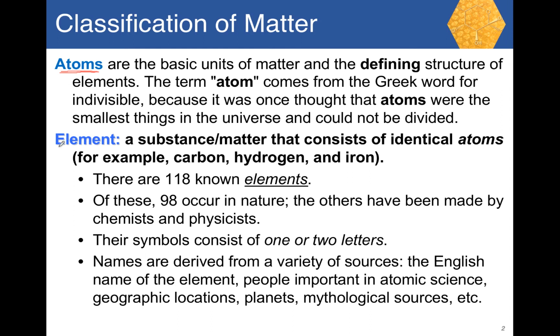Let's introduce another term here, and that is element. An element is a substance or matter that consists of identical atoms. Notice identical atoms. So if you have an element, it consists of particles that are very small, that's called atoms, and they are all identical.